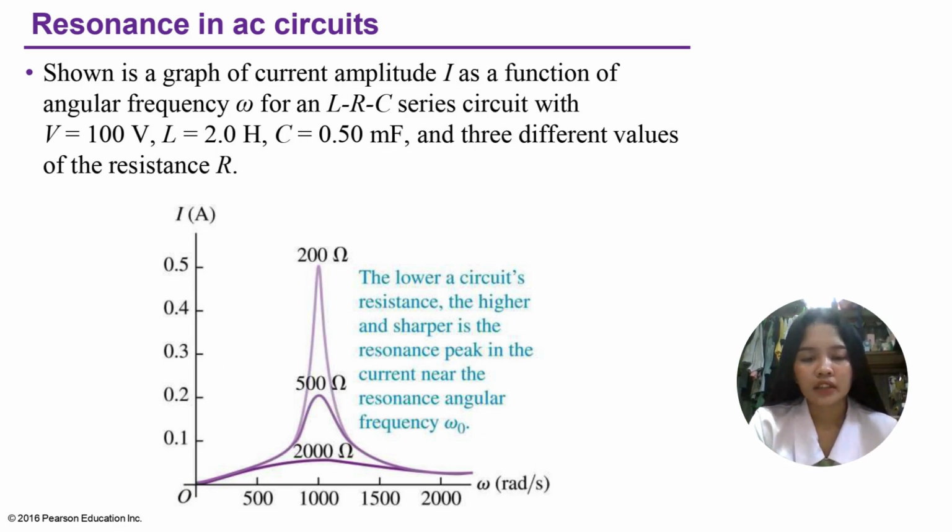As you can see in the graph, the lower the circuit's resistance, the higher and sharper is the resonance peak in the current near the resonance angular frequency. The resonance peak gets higher as the circuit's resistance gets lower.